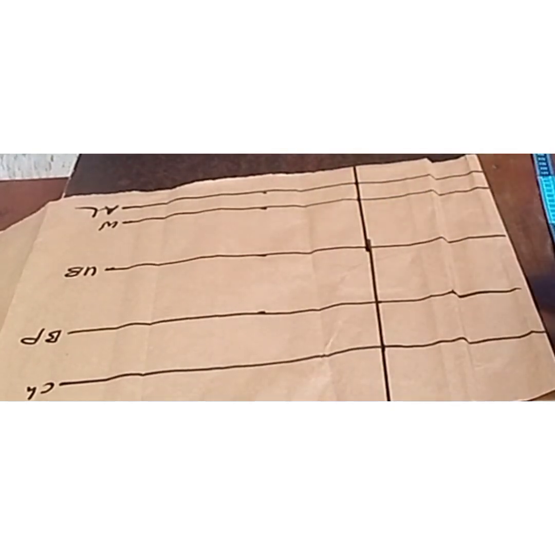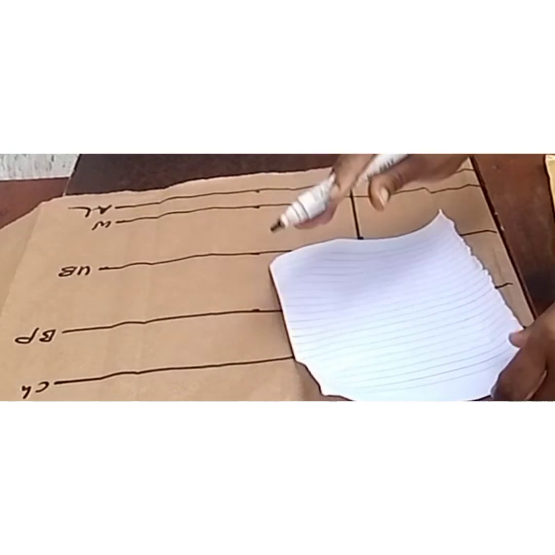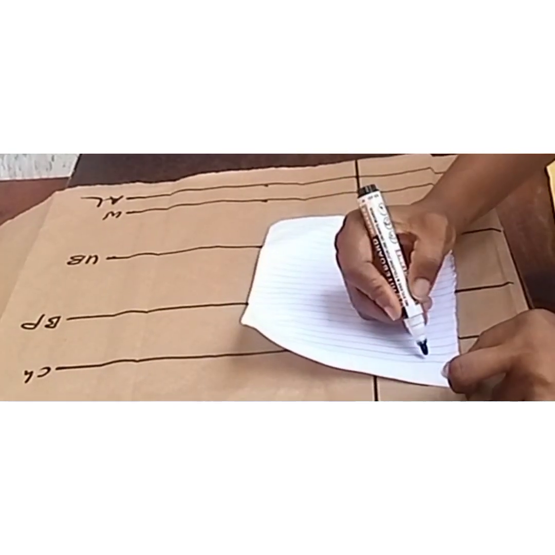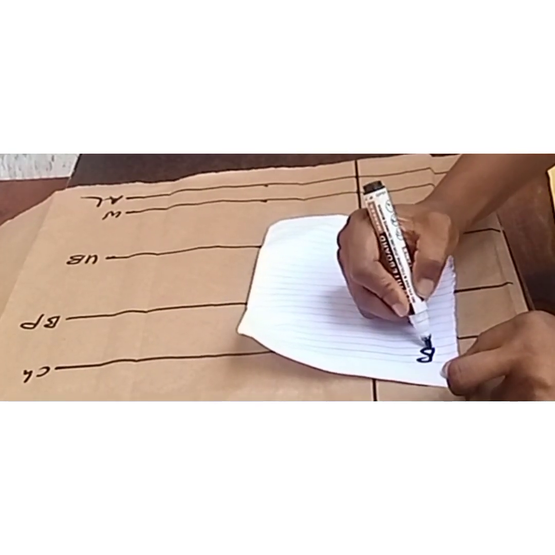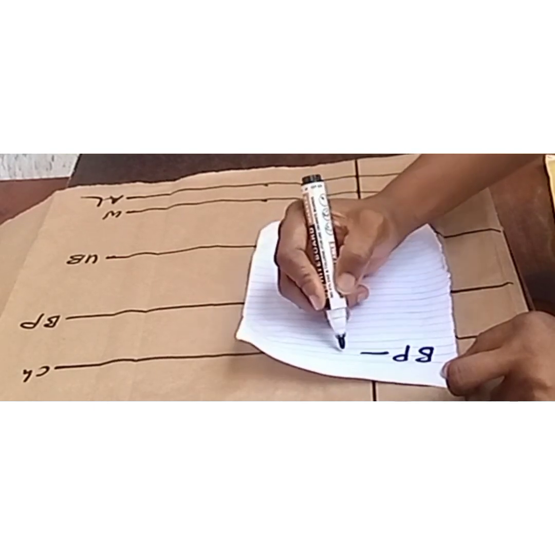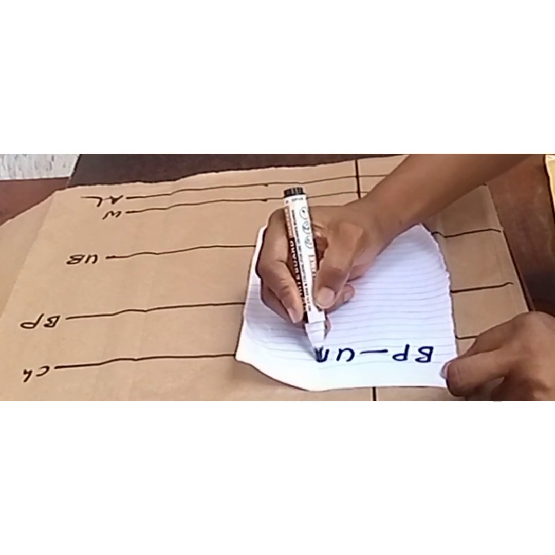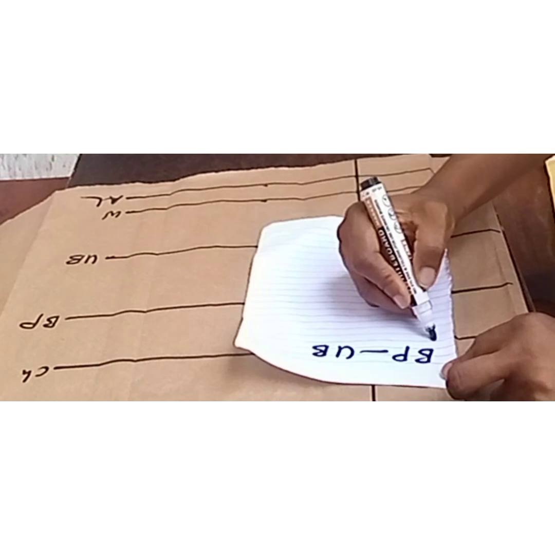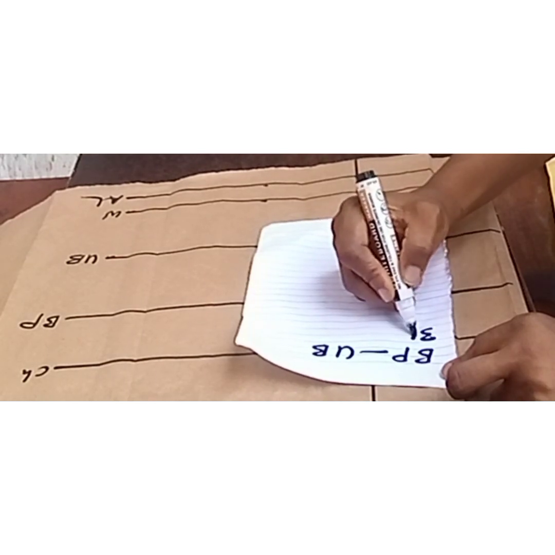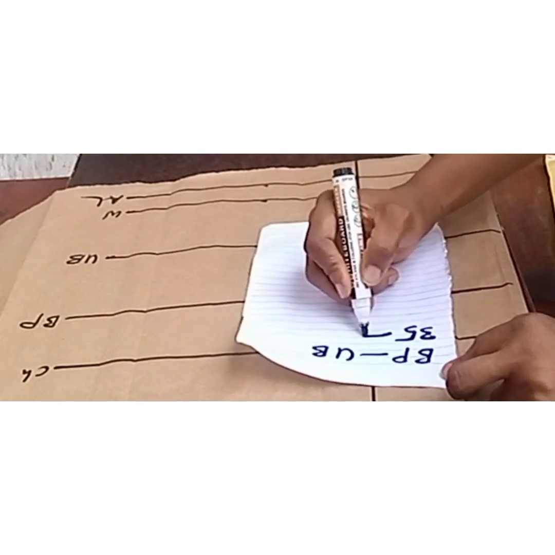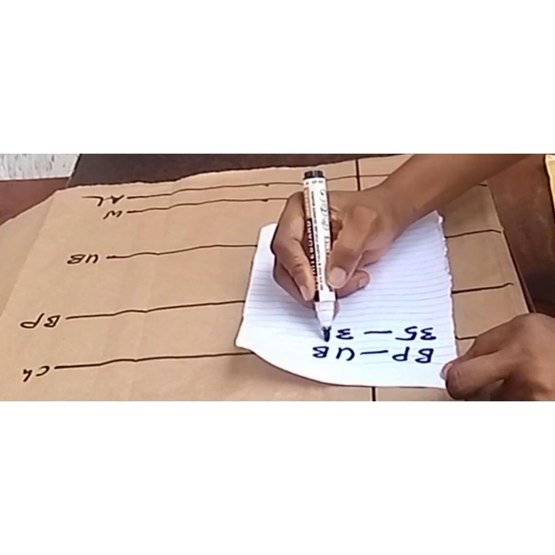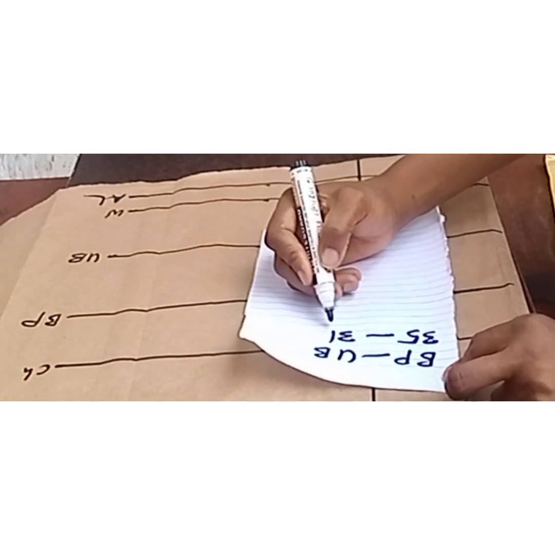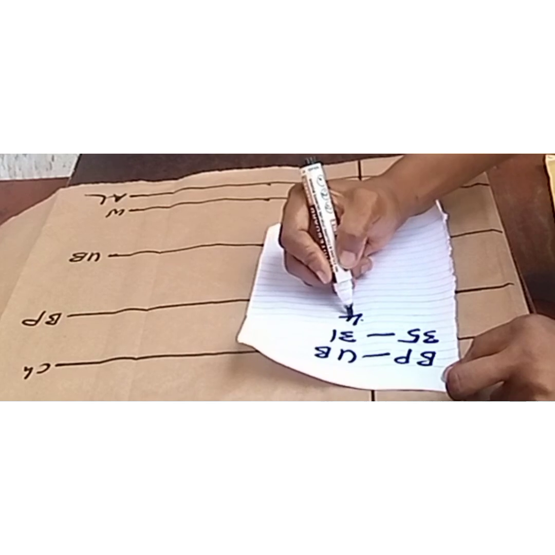So now, to get a perfect bustier, you have to subtract the bust point from the under bust. That means the circumference of the bust point and the circumference of the under bust, you subtract them. Let me illustrate it well. This is the bust point minus the under bust. Remember, the bust point I'm using is 35 inches minus 31, that's my under bust. So the difference there is 4 inches, right?